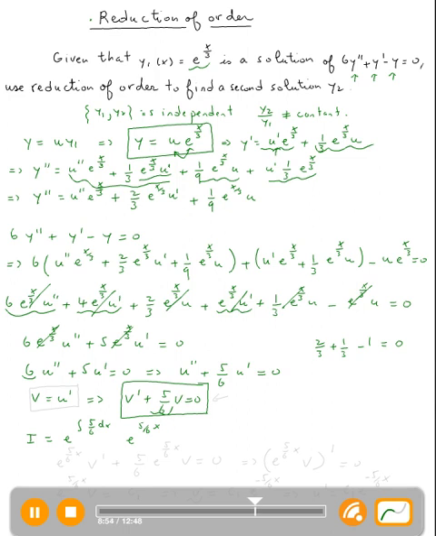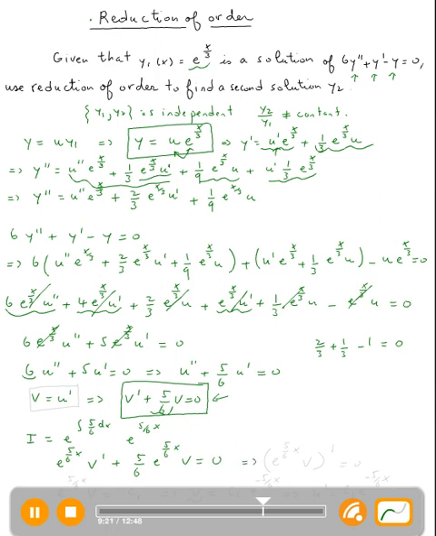Alright, what's next? Now what do we need to do? Multiply the integrating factor by both sides of this equation. So you'll get e^(5x/6) v prime plus 5/6 e^(5x/6) v, which is 0.